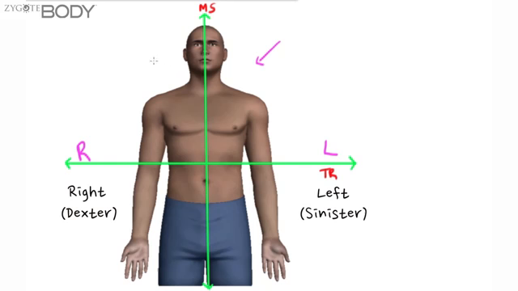Same thing applies on this side: anything on this area is the right side of the subject, and therefore we can call the right lung, the right kidney, and so on.